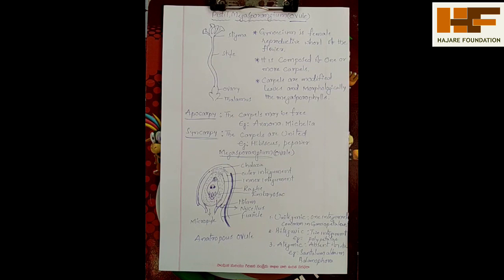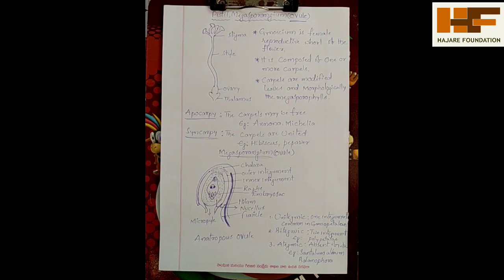Examples can commonly be found in the polypetalae and monocotyledons, or monocots. And ategmic represents the absence of integuments. Integuments are completely absent. Such structures we call ategmic ovules. Those ovules are common in Santalum album, Balanophora and Loranthus.